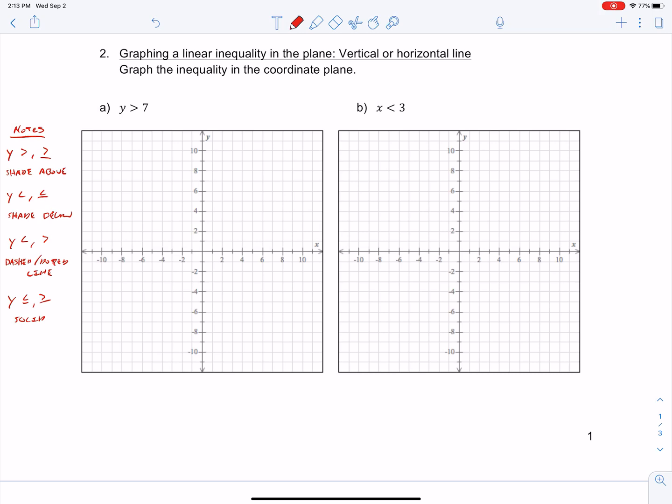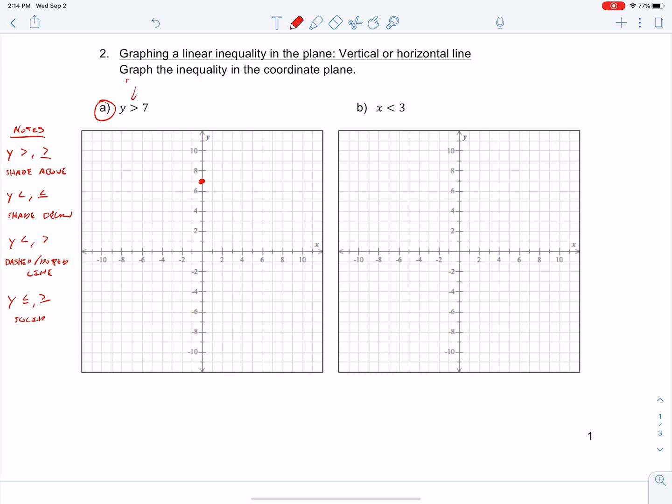So let's look at this. A right here is giving us y is greater than 7. Let's see this. Okay, I plotted my point. Now, the question is, is this a dotted line or a solid line? I look at my notes here.